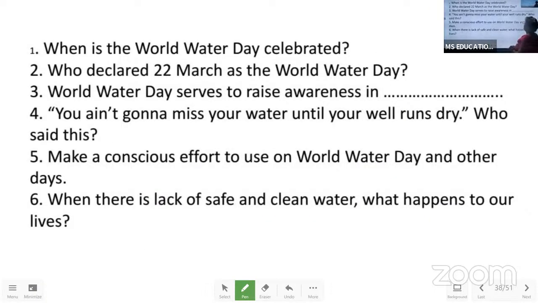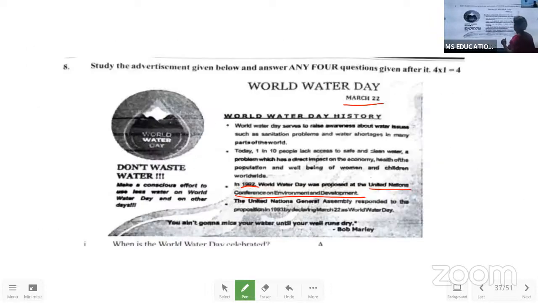World Water Day serves to raise awareness about water issues such as sanitation problems and water shortage in many parts of the world.